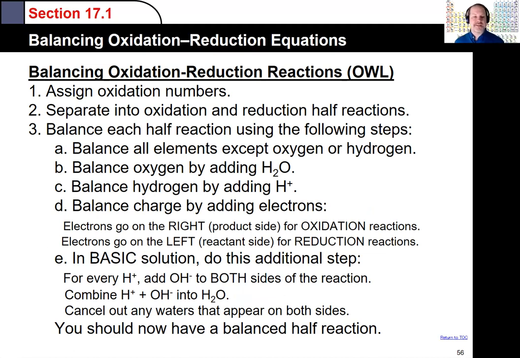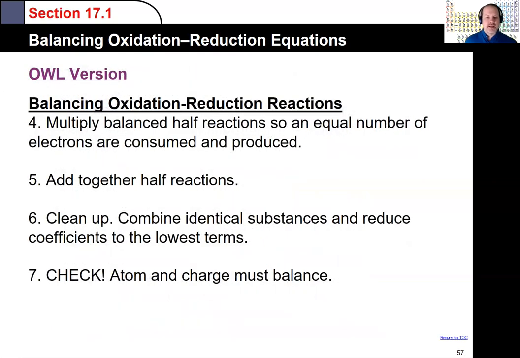Add electrons to balance charge, and then balance the number of electrons on both half steps, and then reduce any common numbers. If you need to do it in basic solution, after that very last step, we're going to add hydroxides.